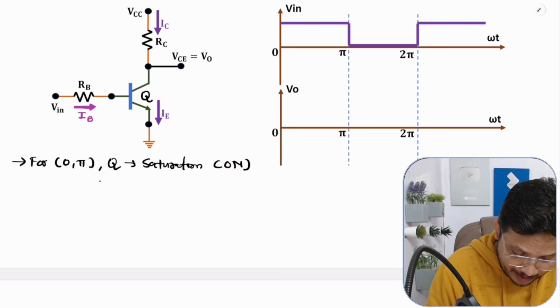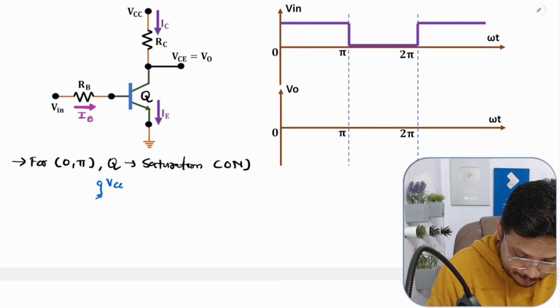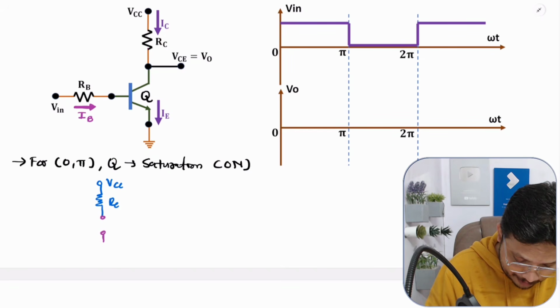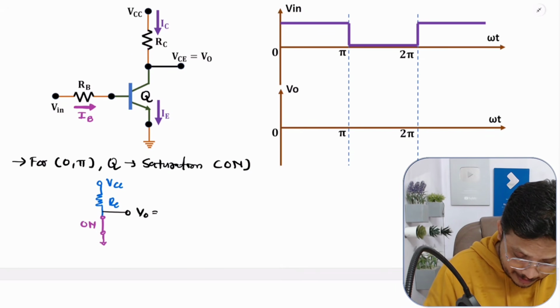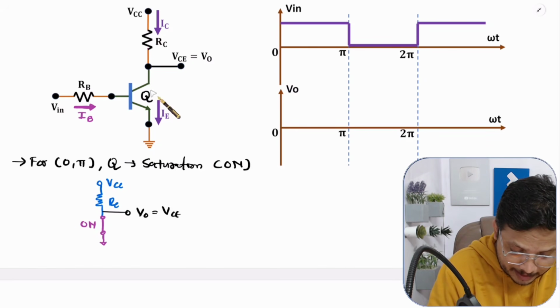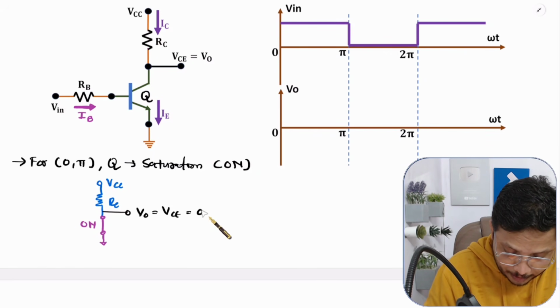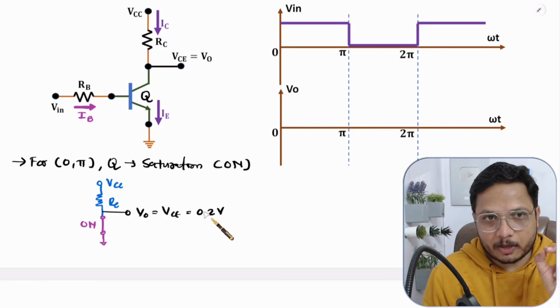Here we have VCC. After that we connect the RC resistance. After RC we have the transistor, but the transistor is on here, and we are taking output from the collector. That output is VCE, and during saturation mode of the transistor, this VCE is 0.2 volt if the transistor is made of silicon.